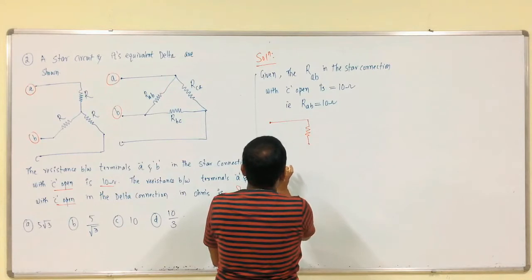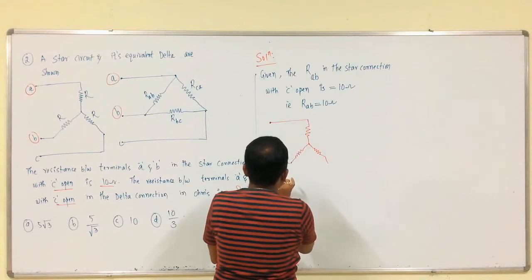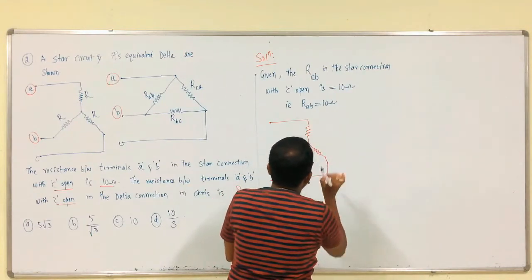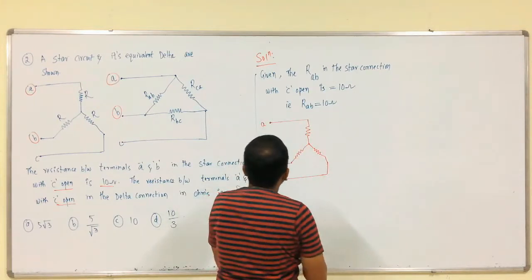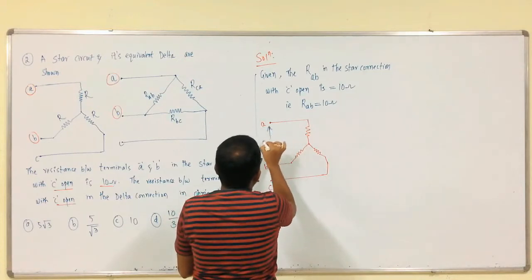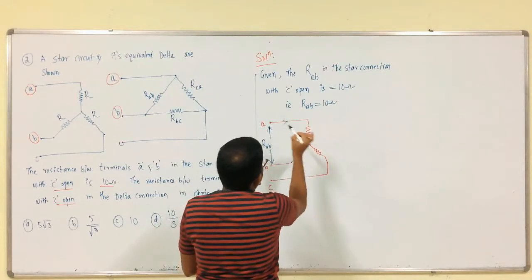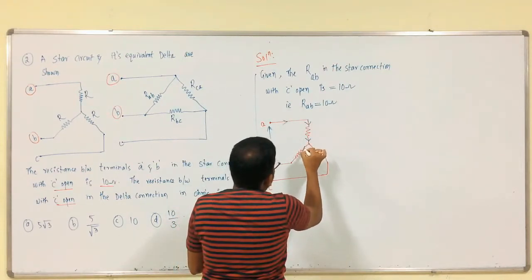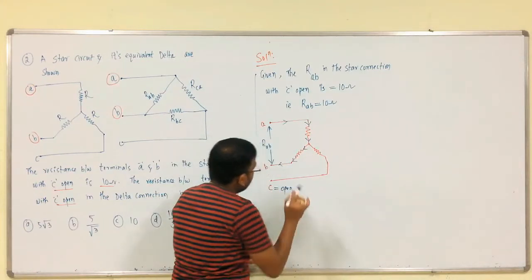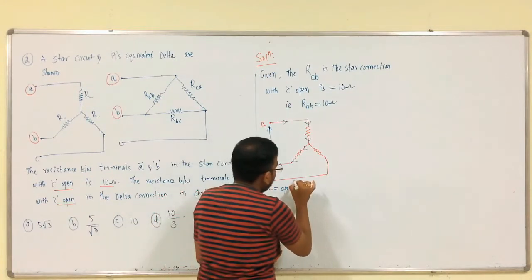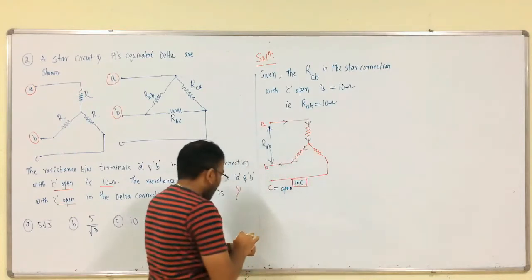This is R, this is another R, this is C, this is B, this is A. This is RAB, the equivalent resistance between A and B. With C open, there is no current, I is equal to 0, through this branch.